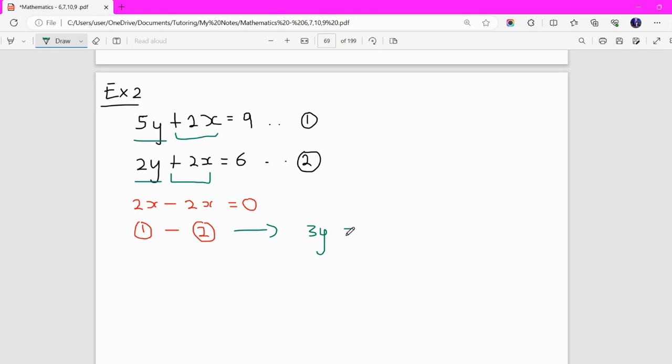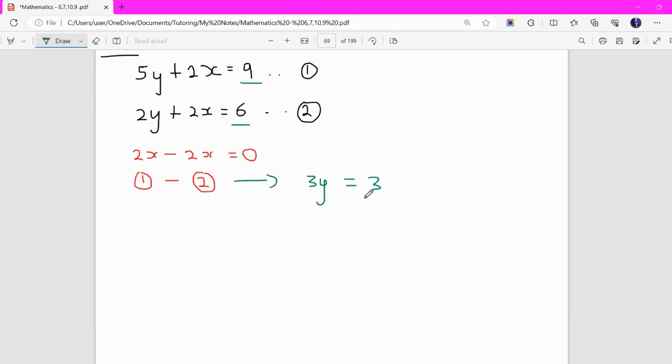I'm not putting in the 0 because you don't need to put in a 0. Right? So that is how you minus any two equations. The top equation minus the bottom equation. So the terms of equation 1 minus the terms of equation 2. The x terms minus the x terms, the y terms minus the y terms, the constants minus the constants. So it's now 9 minus 6, which is 3.